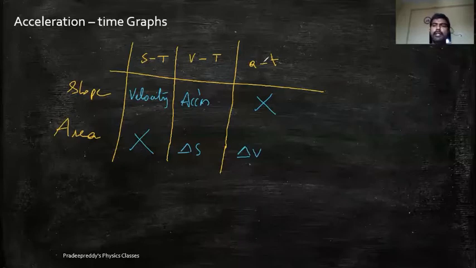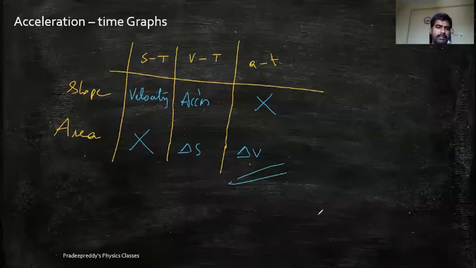Therefore, slope of AT graph gives nothing. Area of ST graph gives nothing, because displacement into time, you do not have any such physical quantity in kinematics. Area of VT graph gives you change in the displacement. Area of AT graph gives you change in the velocity, right? So these are the important conclusions which we have learned from previous graphs. Remember this.